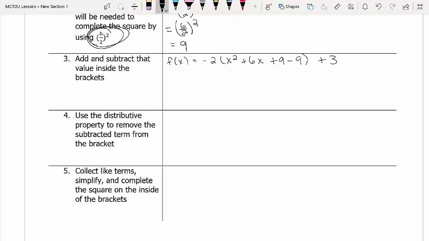Okay, the next step of completing the square is use distributive property to remove the subtracted term from the bracket. So I'm going to go ahead and multiply my -2 times my -9 to bring it outside of the brackets. Okay, now I'm going to go ahead and simplify.